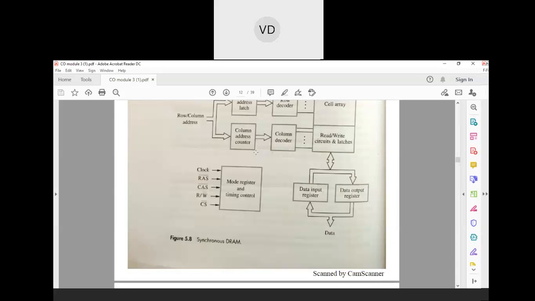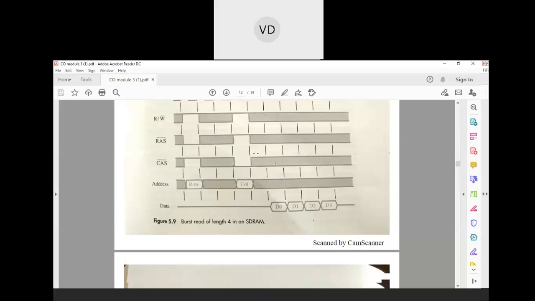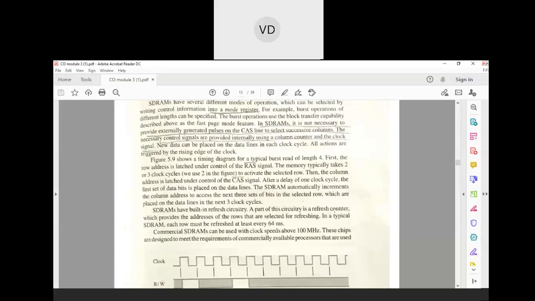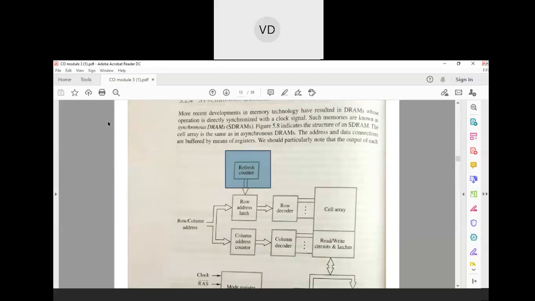Even though we are taking only 4 bytes of data, we have seen there are 8 groups, so out of 8 groups we have already taken 4 bytes of data. What about the remaining? The remaining will also be refreshed using this refresh counter, where the column address counter will sequentially go on providing the address of the next columns.